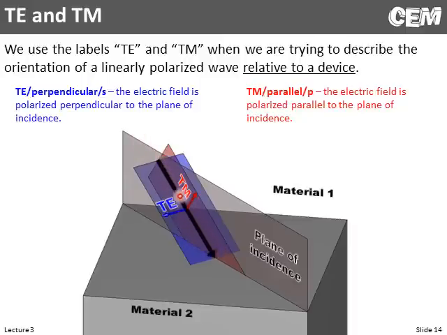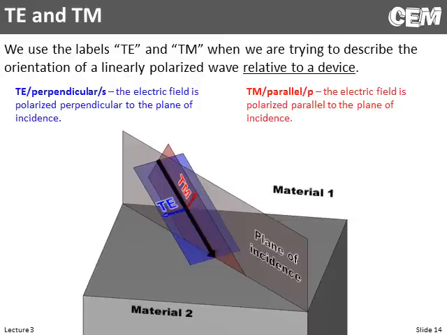So this vector describing the direction of the wave and the surface defines a plane. So we call that the plane of incidence. We can decompose the polarization into a component that's in the plane and a component that's sticking out 90 degrees to the plane.